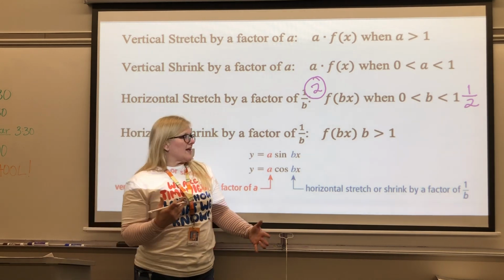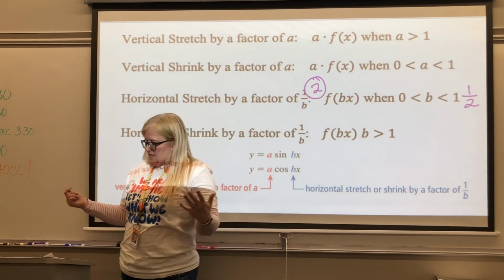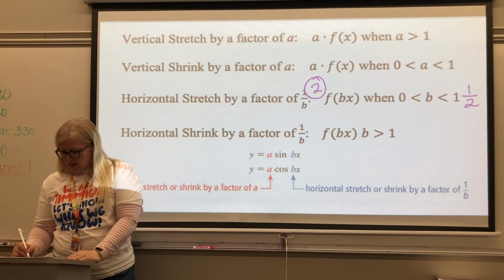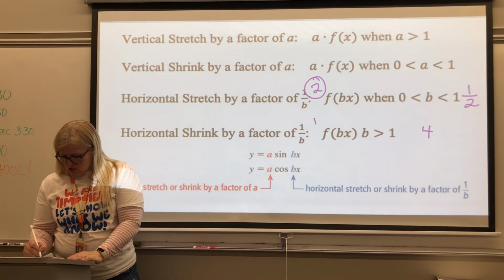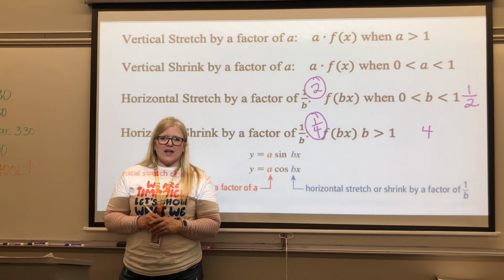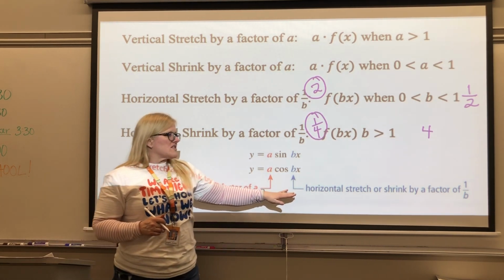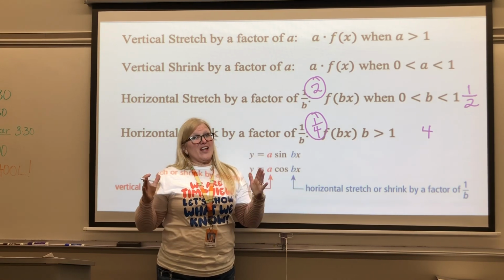So a shrink is when I get a number bigger than 1. So let's say I have the number 4, but I'm taking its reciprocal, which is 1/4, so it's actually a shrink. And the horizontal stretches and shrinks are going to measure the period.